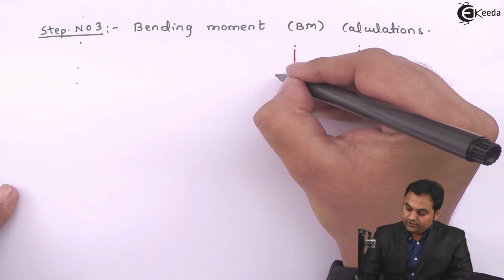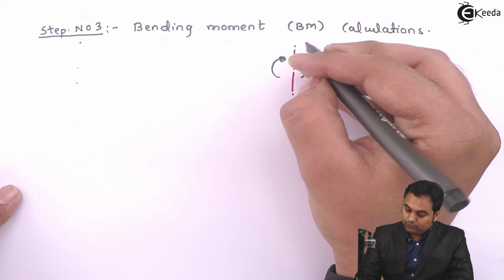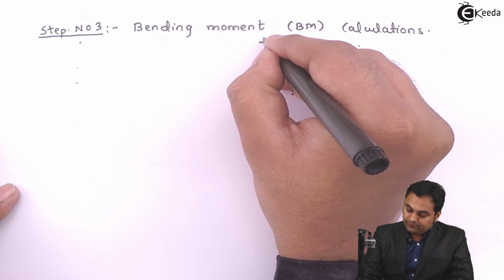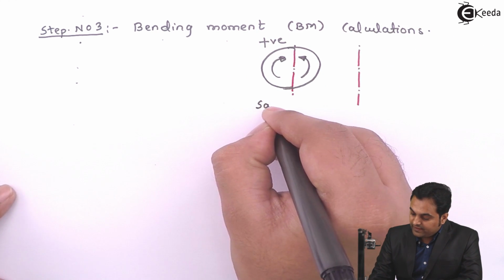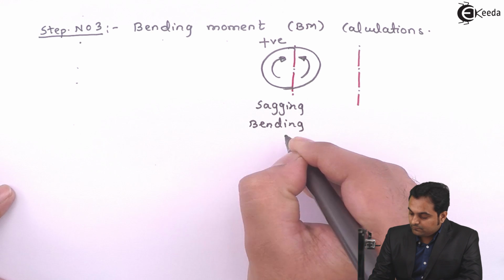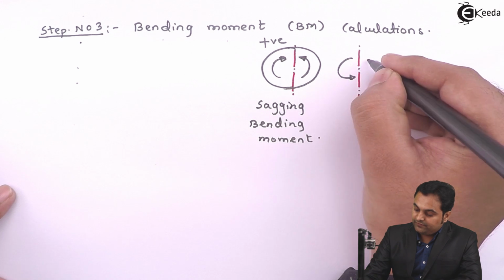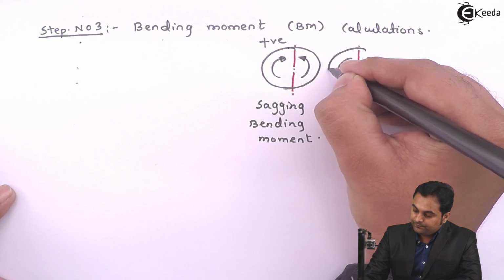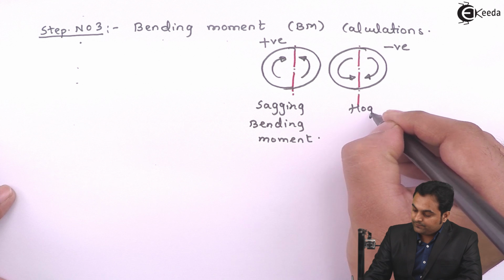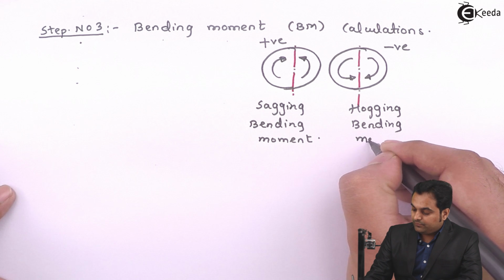So clockwise moment to the left of section and anti-clockwise to the right of section, both are treated as positive, and this is called sagging bending moment. Then anti-clockwise moment to the left and clockwise moment to the right, they both are treated as negative, and that is called hogging bending moment.